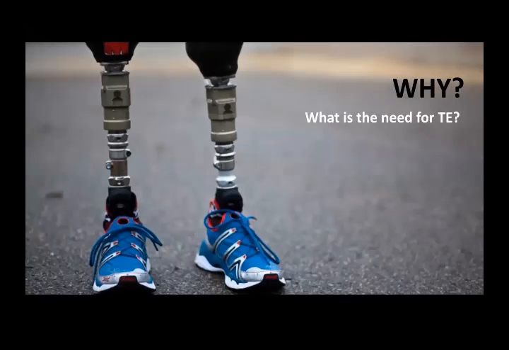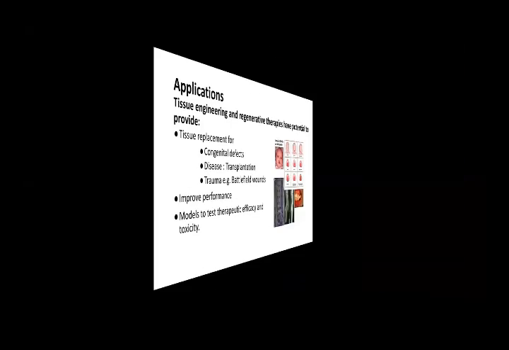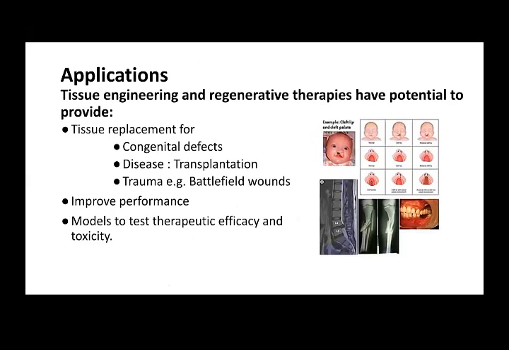Why do we need them, and what is the need for tissue engineering? Let's give multiple applications. In regenerative therapies, they have proved to be a potential. And tissue replacement for congenital defects. Just to know, we have a classic example of cleft lip and cleft palate, which are congenital defects.